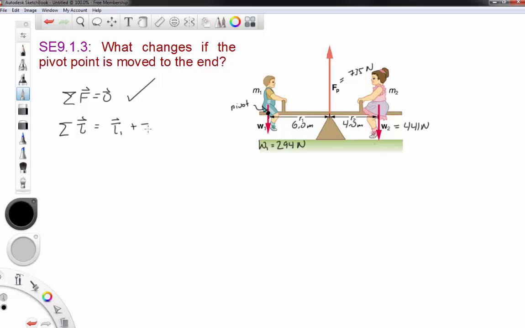So basically tau 1 plus tau 2 plus tau pivot, or tau fulcrum, I mean. This one right here now goes to 0 because R1 is equal to 0. The R2, we're going to call them maybe R primes.